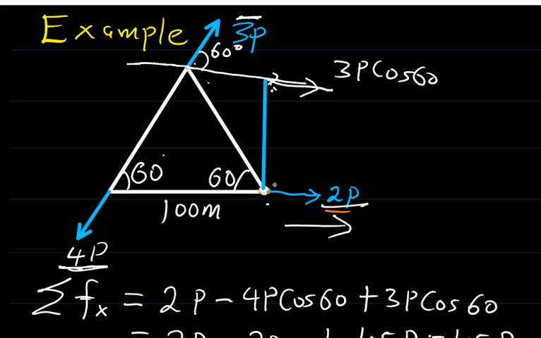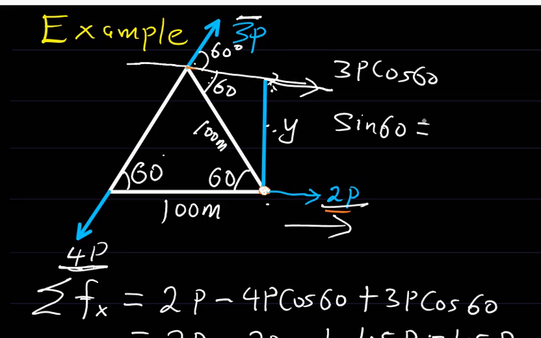So what's the perpendicular distance? This is 60 degrees, right? This side is 100 meter. This is the opposite, and this is the hypotenuse. So sine 60 is equal to opposite over hypotenuse. Let me call it y.